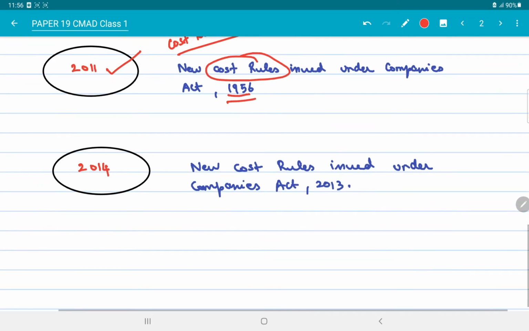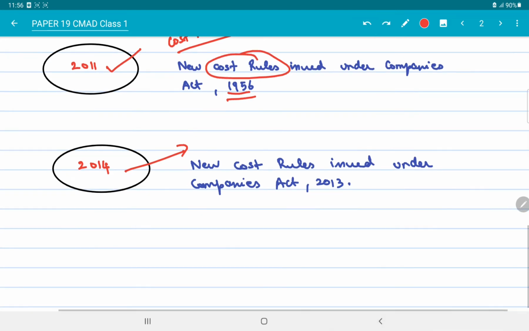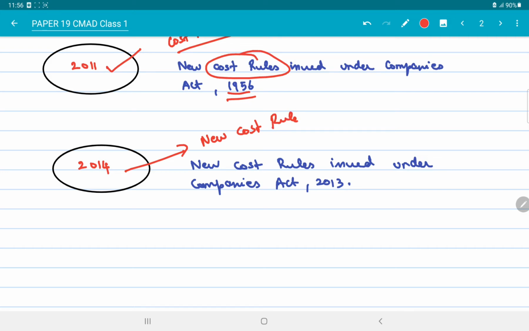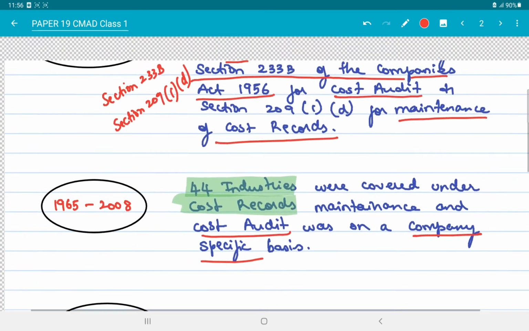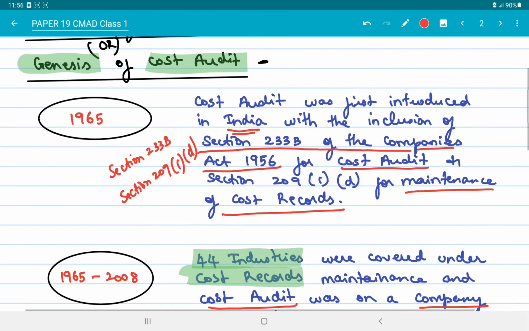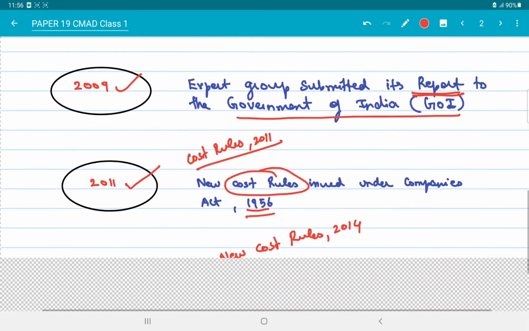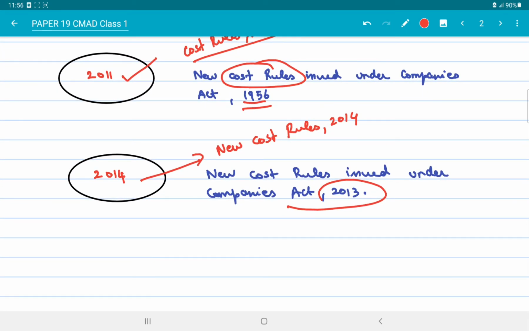In 2014 there was an amendment to the 2011 rules, and the new cost rules 2014 under Companies Act 2013 emerged. So this is the story of how cost audit and cost record came from 1965 till 2014.